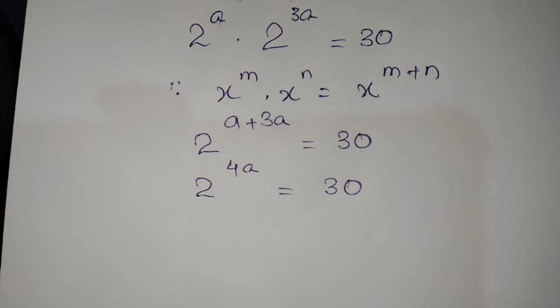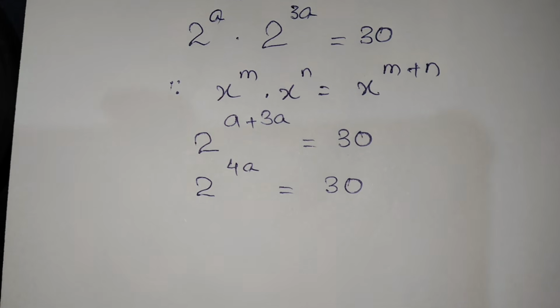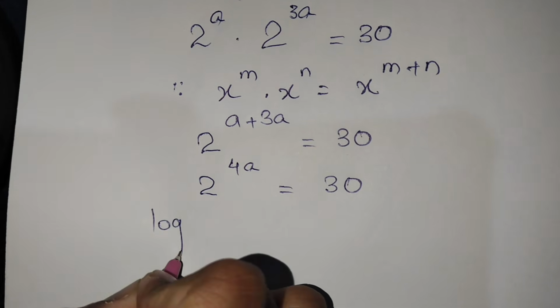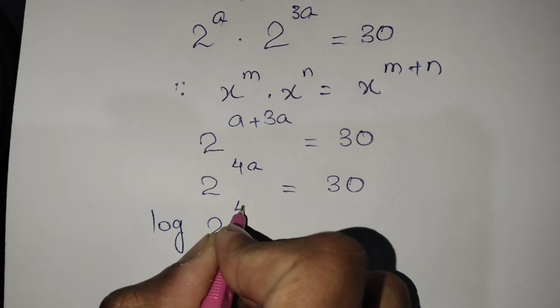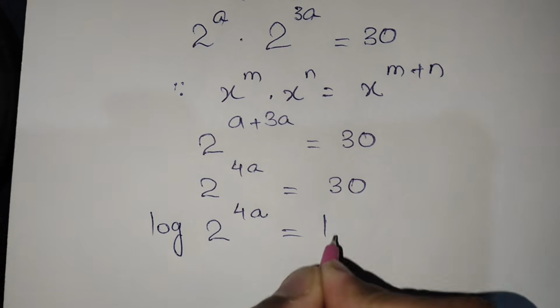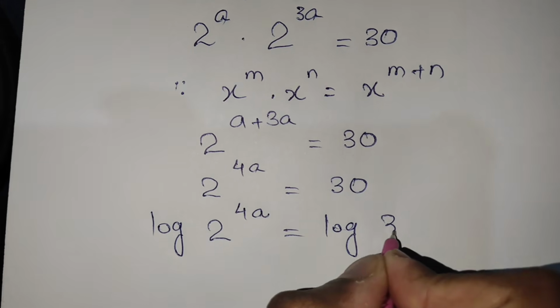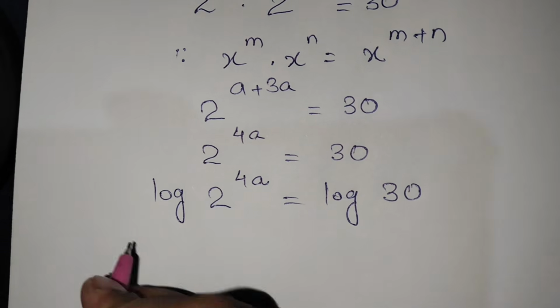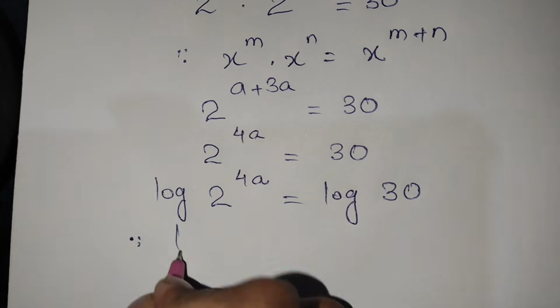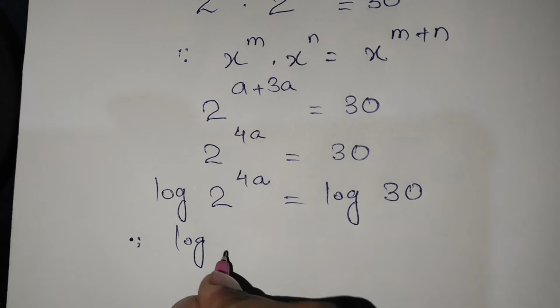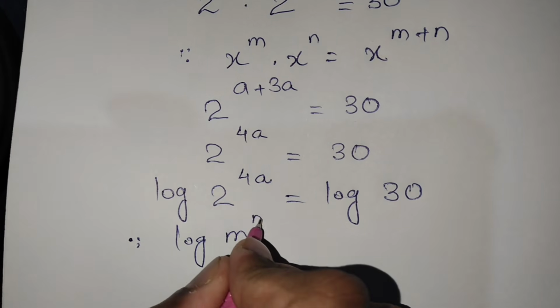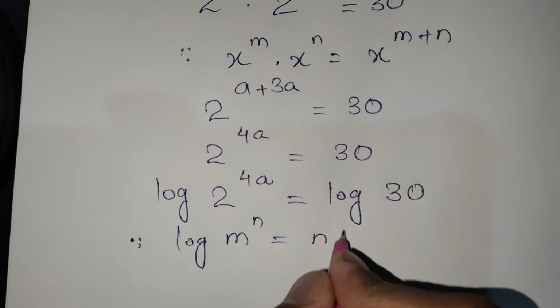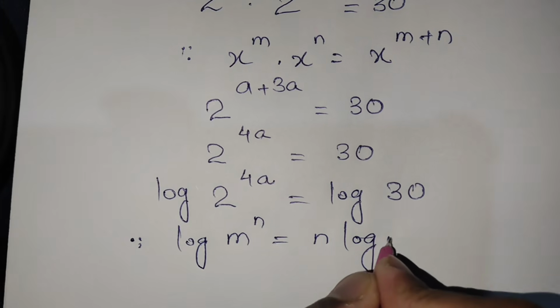Now we will take the log on both sides of the equation, that is, log of 2 power 4a equals log of 30. We will use the power rule of log on the left hand side, which is log of m raised to the power n can be written as n times log of m.